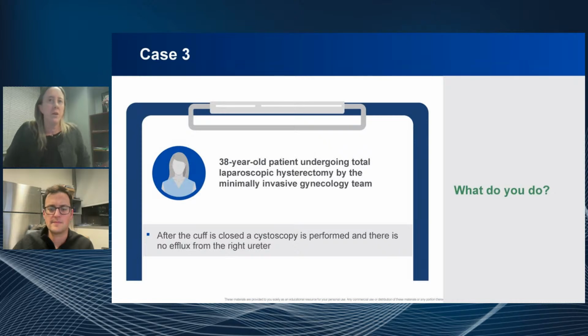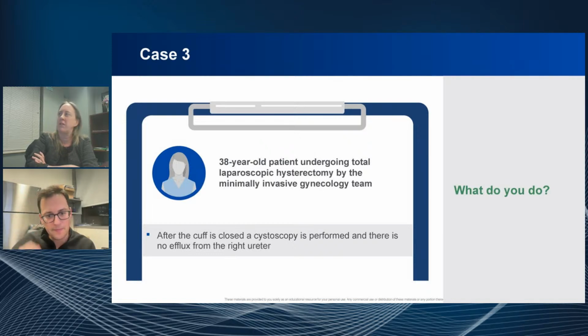But here, if I'm doing a cystoscopy, I'm probably going to be giving indigo carmine, but maybe we haven't given it yet, and we're looking, and there's no efflux from the right ureter. So the first thing I teach my residents is time. You have to give even up to 20 minutes to let that ureter go, but you kind of know if it's not going, and you start thinking about, okay, which stitch is it that I have to go back and release?